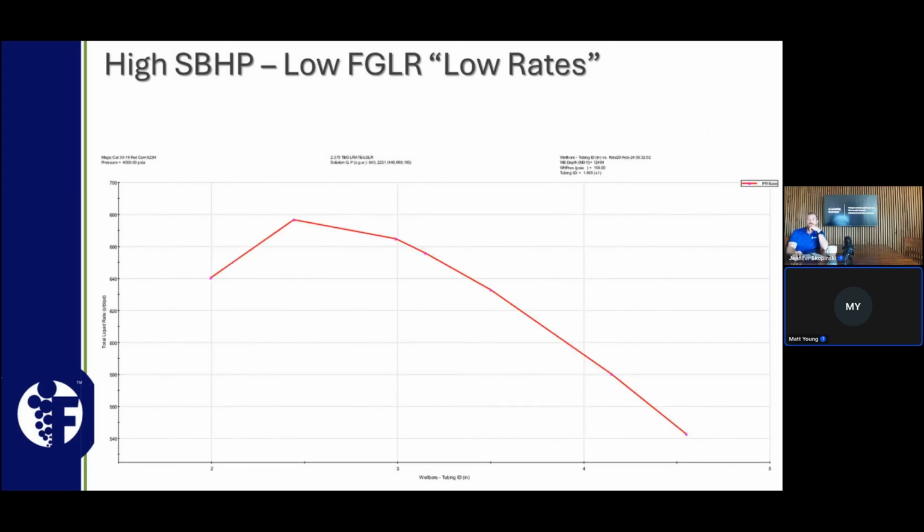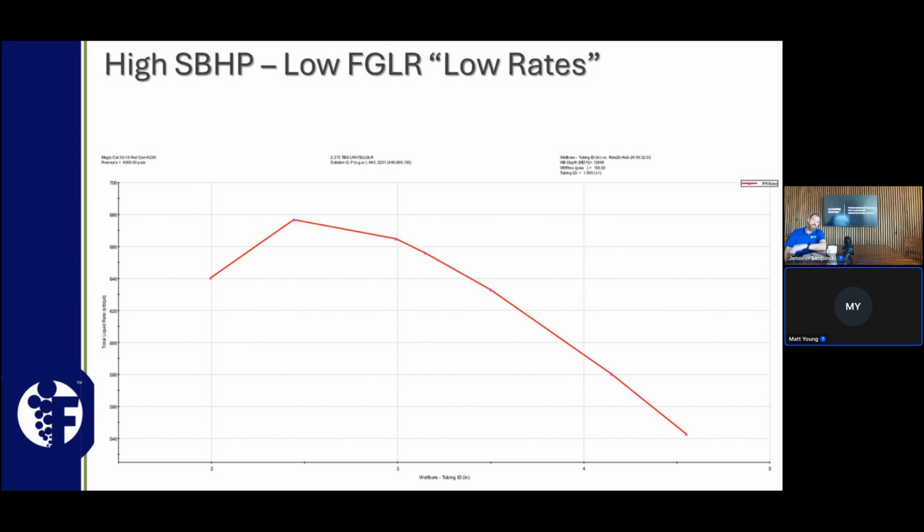This one, we can see that maximizing our flow area would actually hinder the production of the well, meaning that going past like 2 7/8 tubing would not be a good idea for this well type because we would encounter so much liquid loading and instability that we would artificially increase our flowing bottomhole pressure and prevent the maximum drawdown, the maximum liquid removal out of the well.